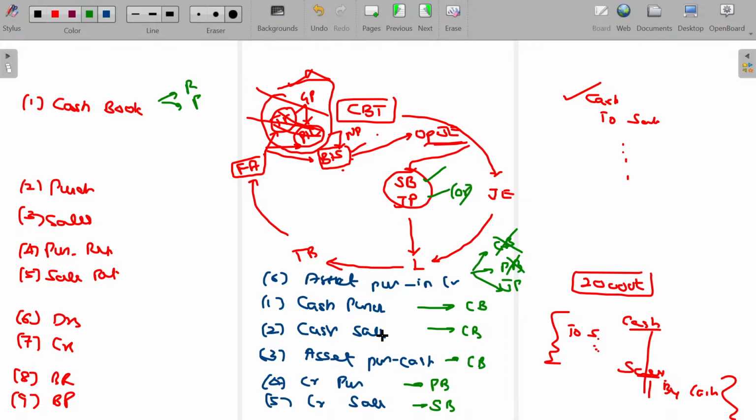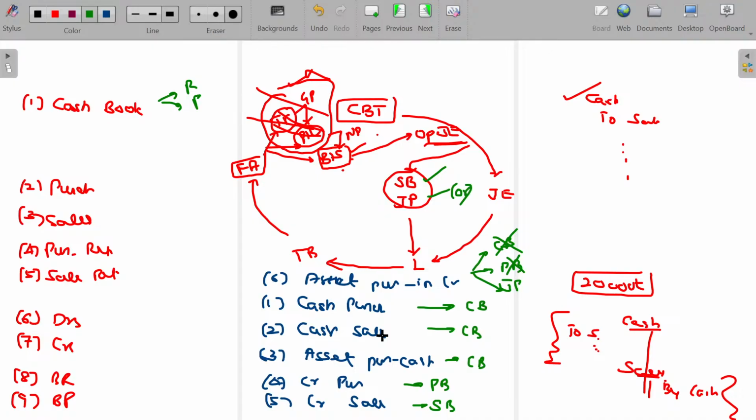If you are not strong with this route, what happens in school days as well as college days? They will guide you how to prepare a purchase book, sales book, cash book, that's all. But you are not attending clearly to how these things are incorporated while preparing the accounting cycle. Clear? What's my focus here? After the preparation of subsidiary books and journal proper, how it is going to be posted in the ledger.